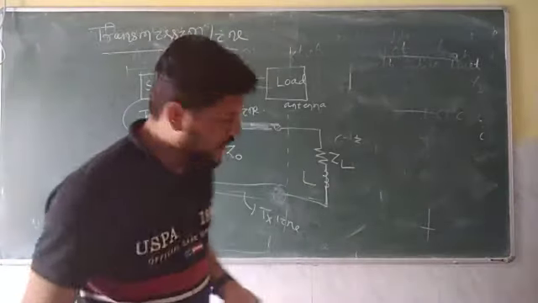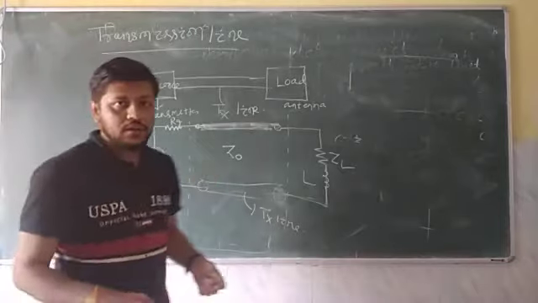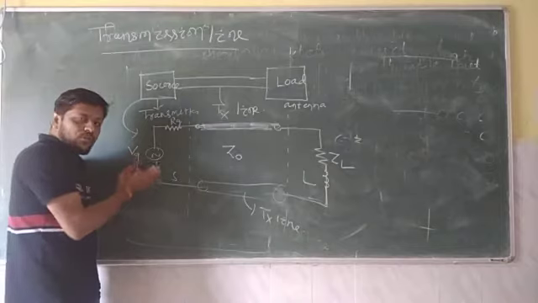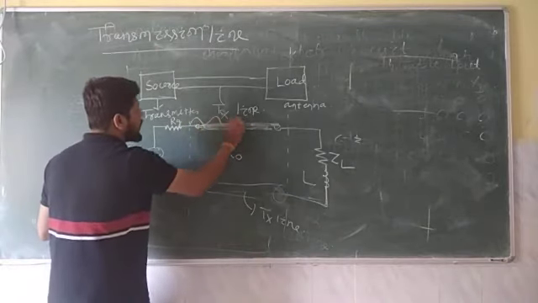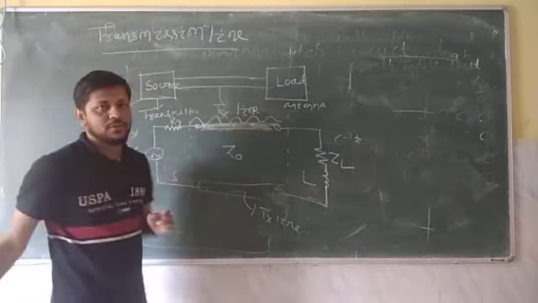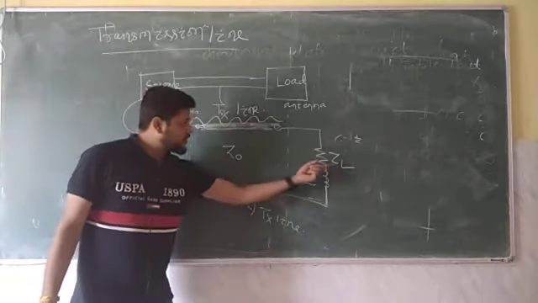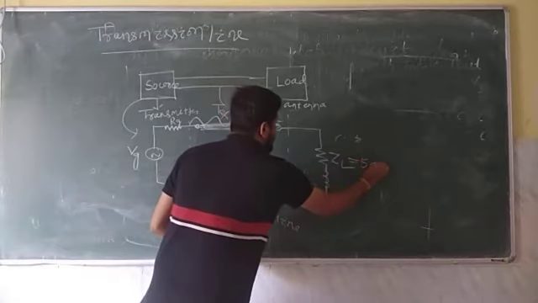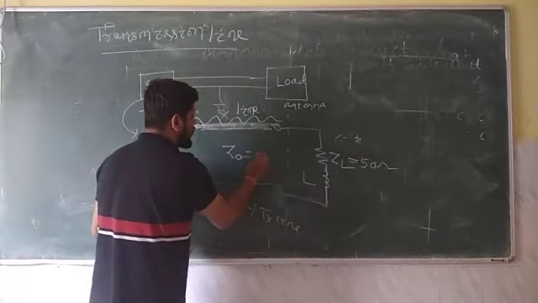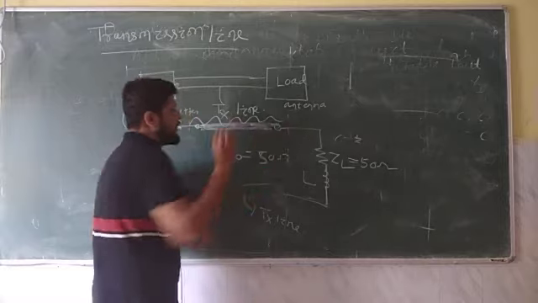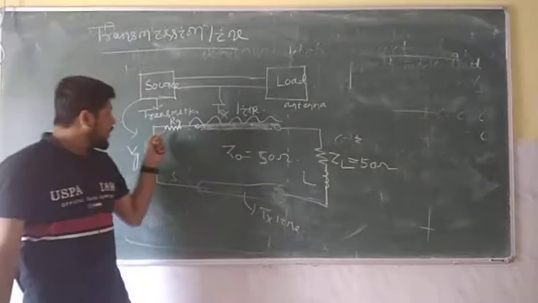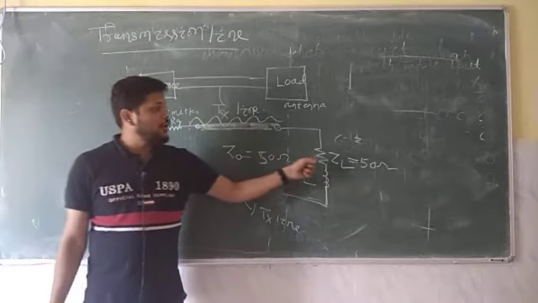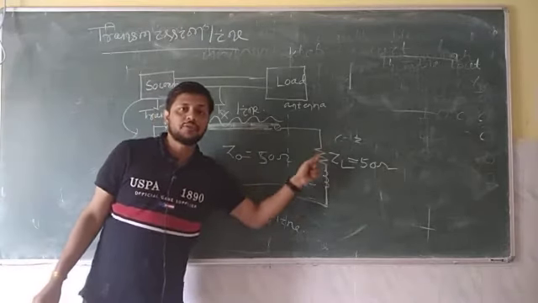So what is a characteristic impedance? Here we have to see the source will generate the waves, and these waves propagate through this transmission line. If ZL matches with Z0, for example, this ZL value is 50 ohm and this Z0 value is 50 ohm, then what will happen? The amount of power sent from the source is 100% absorbed by this load.